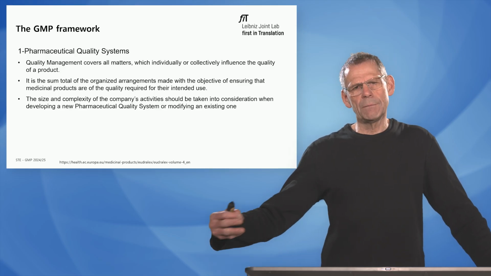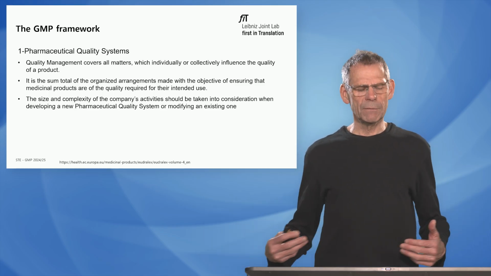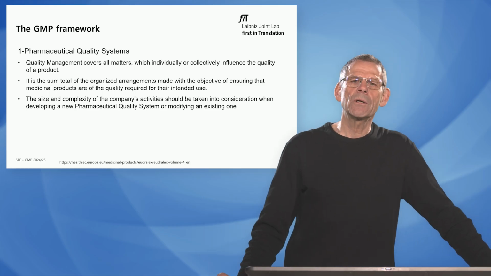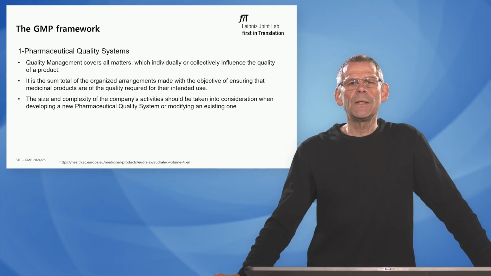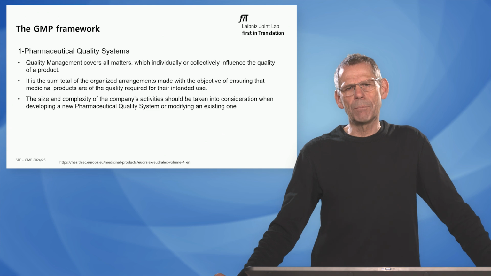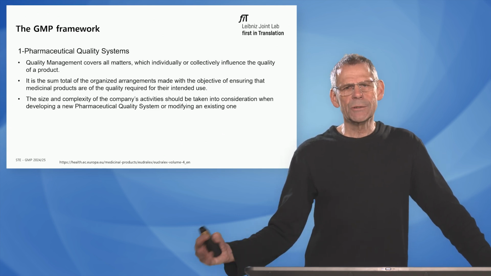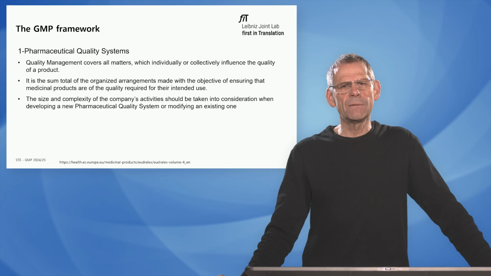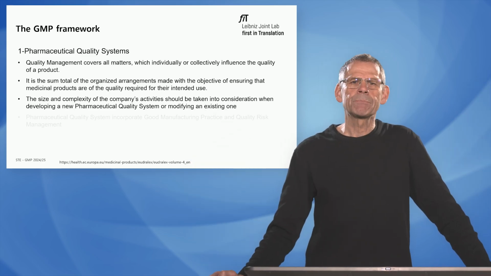And if we develop additional, different products, there might be interference, so we need to adapt or modify the quality management system. And that's why we also need to really take into account the complexity of a GMP manufacturing site. And there's no standard quality management system that you can put over every manufacturing site.